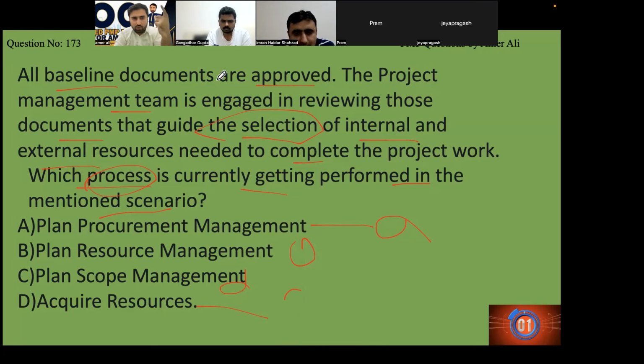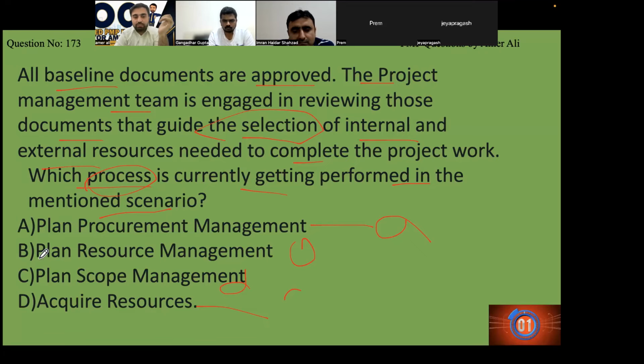Let me have a look at the question one more time. The team is engaged in reviewing those documents that guide the selection of internal and external resources needed to complete the project. Which process is currently getting performed? What we are doing is trying to get the resources required and how to guide that.